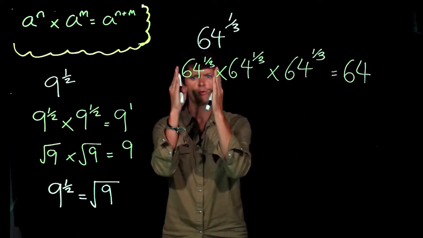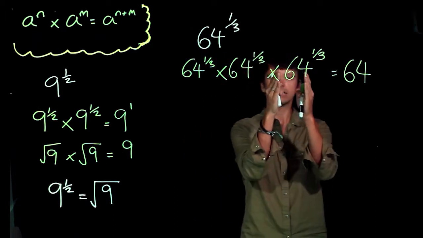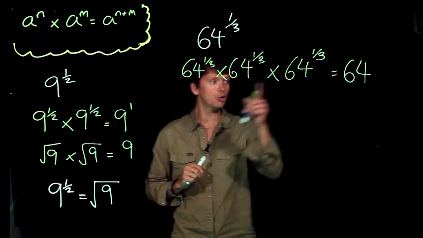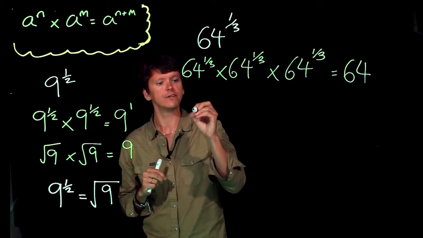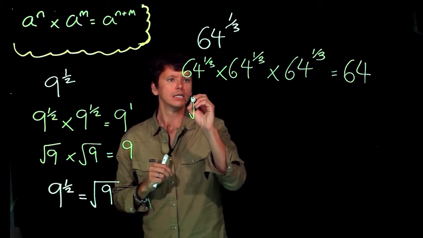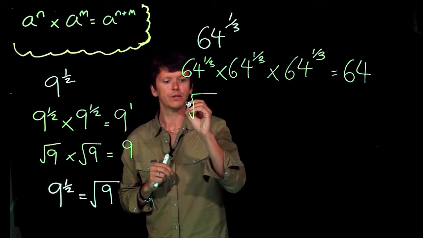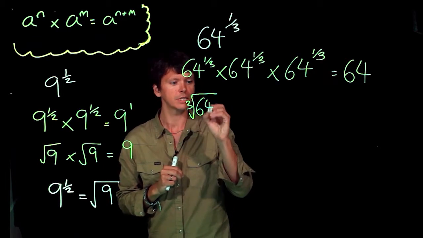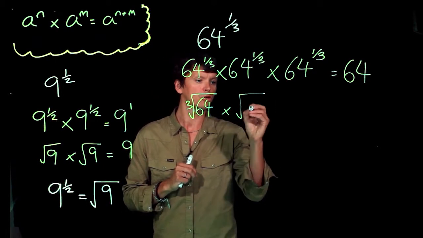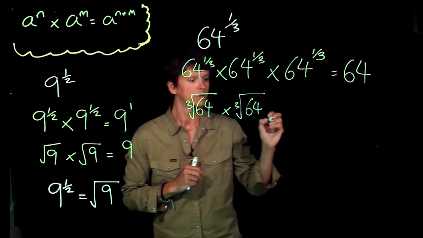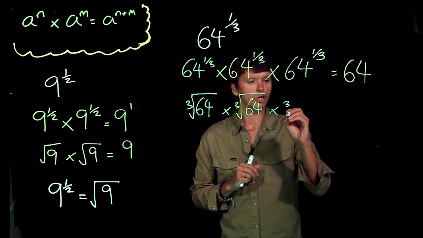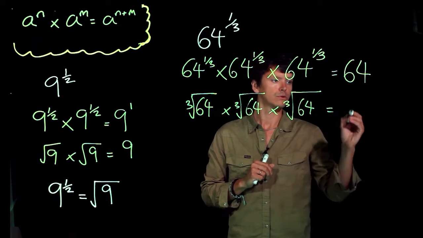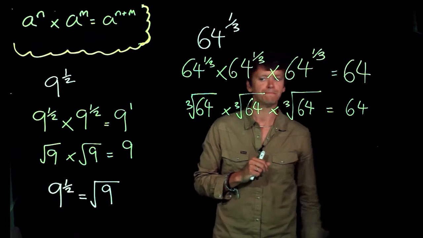But we also know that if we're taking a number and multiplying it by itself again and again equals 64, well, that number must be the cube root of 64, because that's the definition of a cube root. So we can rewrite this as the cube root of 64 times the cube root of 64 times the cube root of 64 equals 64.